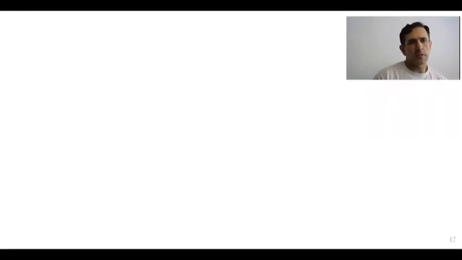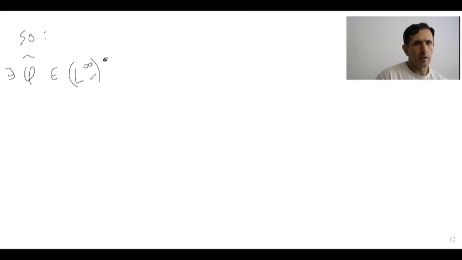So what does this basically say? We've proved that we have a bounded linear functional on L infinity where phi is not phi g for any g in L1.